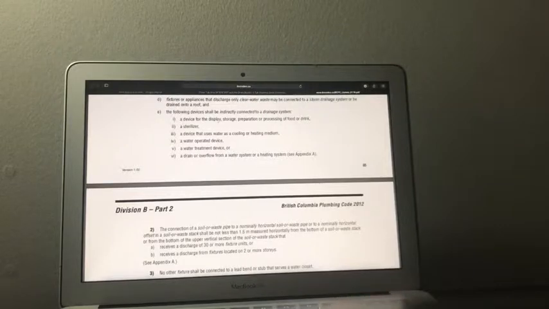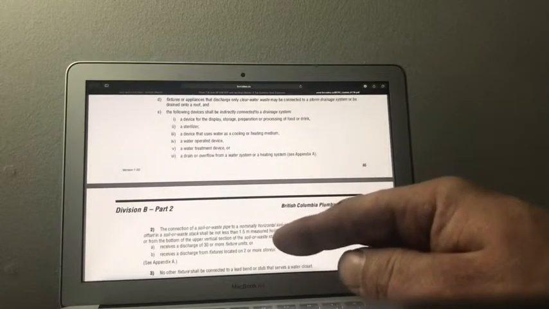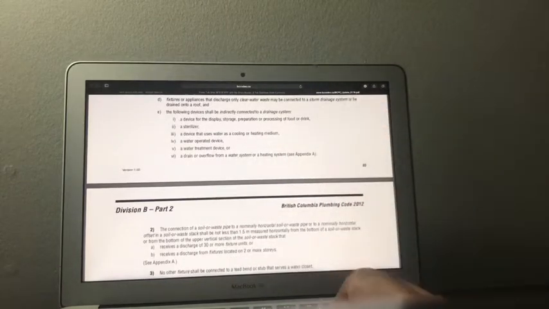So storage would be a freezer. Even a big commercial one that you see in a restaurant will just have one little 1.25 inches or whatever it is coming out, and we'll indirectly connect that.